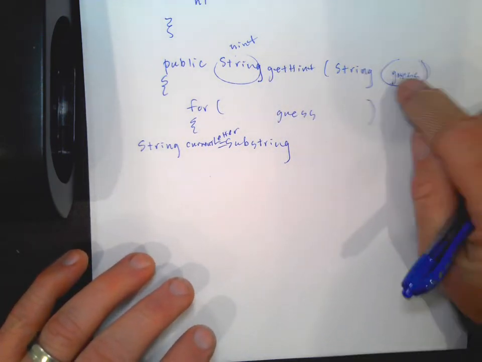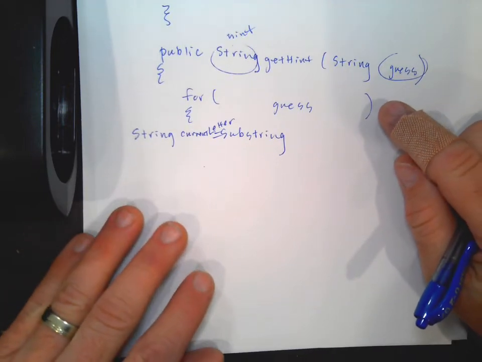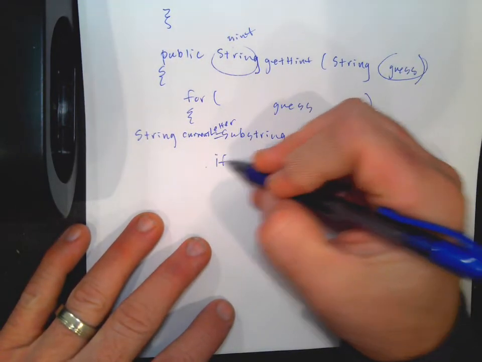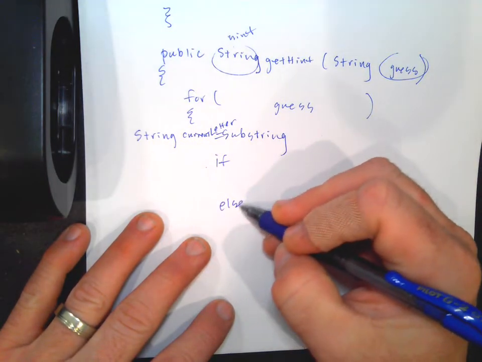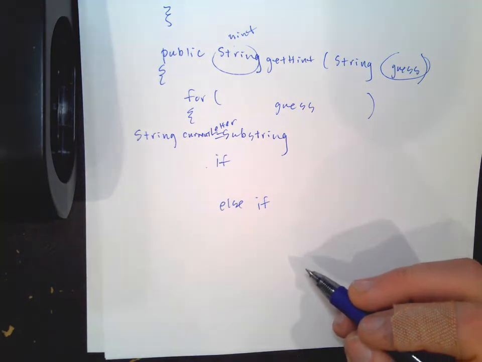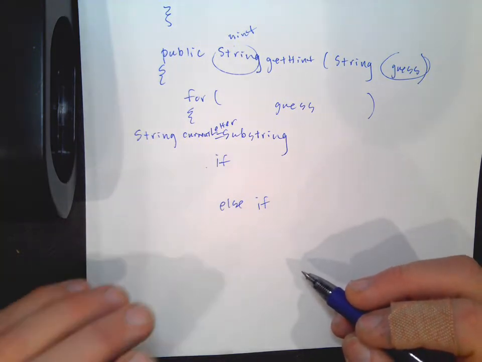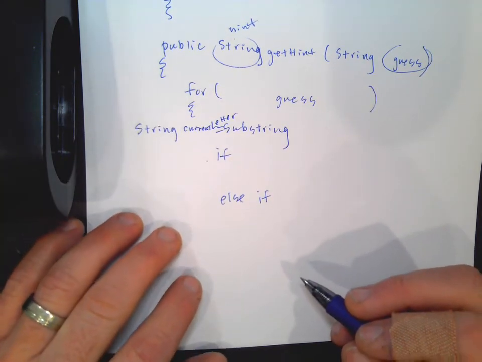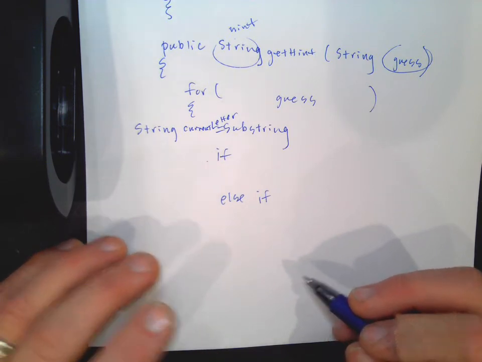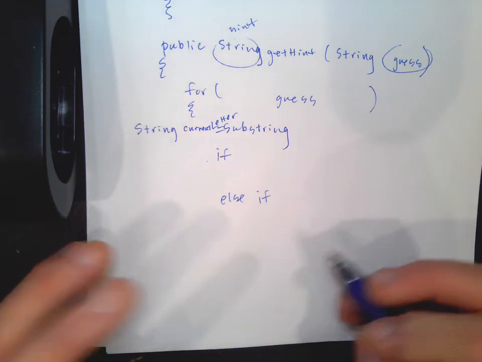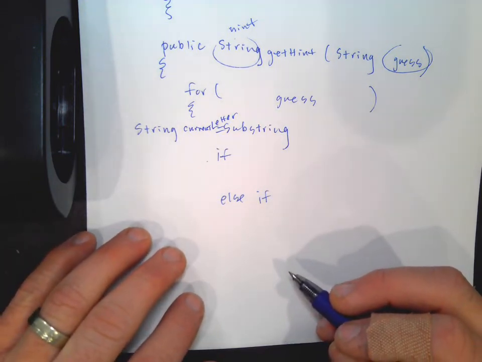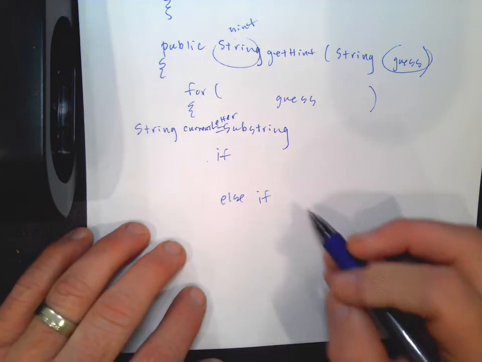Now, once we get the letter in the guess, we kind of have to go through all the different possibilities. We have to do an if, probably an else if, maybe another. So I think the thing we want to identify first is, the order we do this can make things harder or less hard. We want to compare.